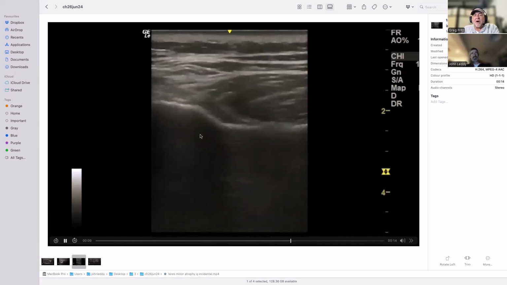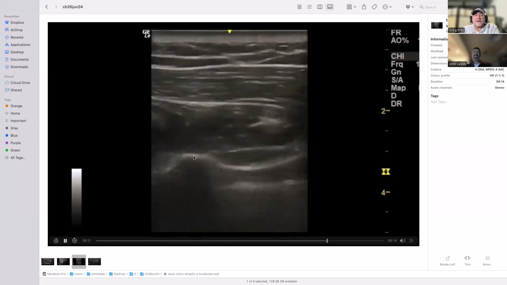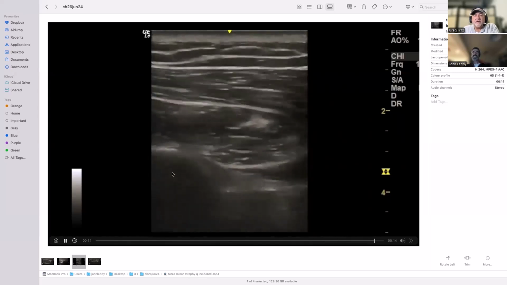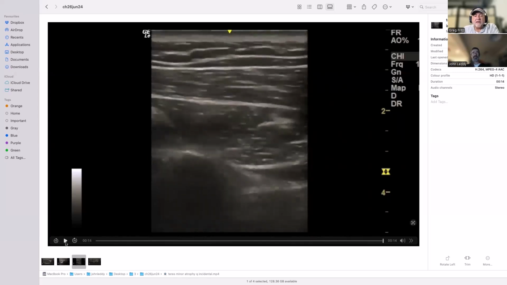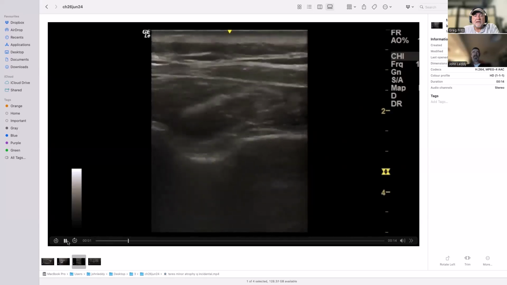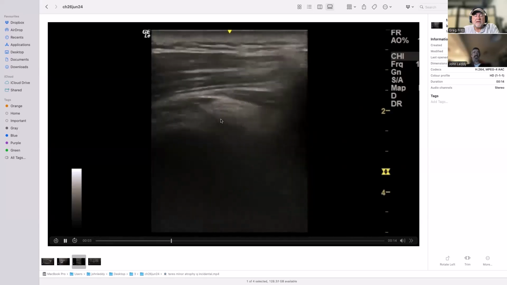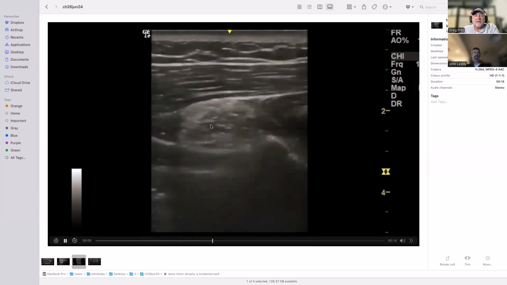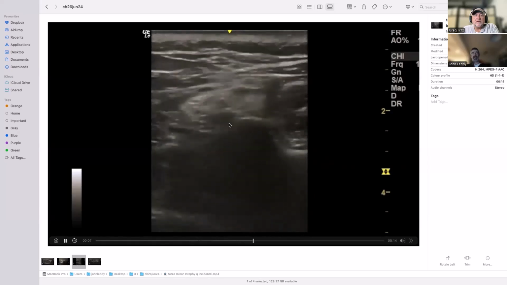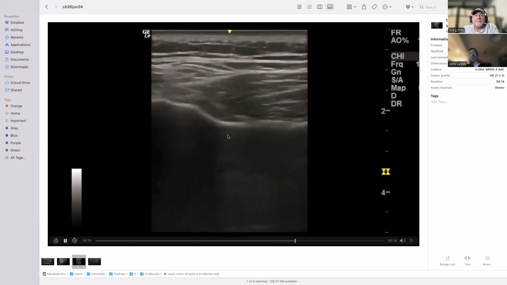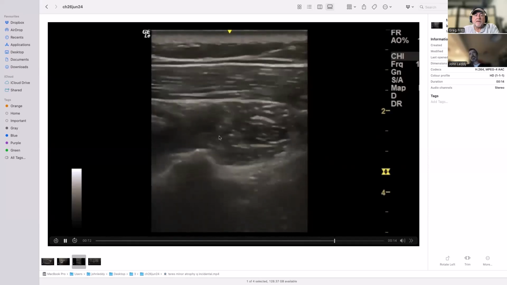And this was again a non... this was just a find. Not convincingly. Say infraspinatus, tendon intact, and then there's the teres minor, but not a convincing posterior shoulder pain patient.